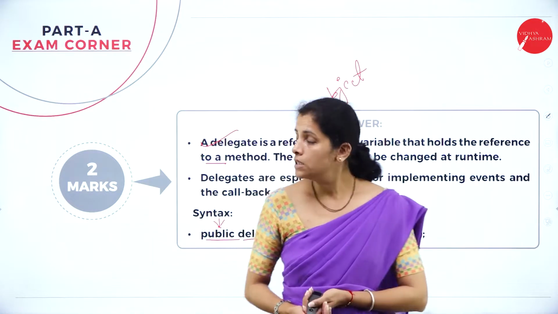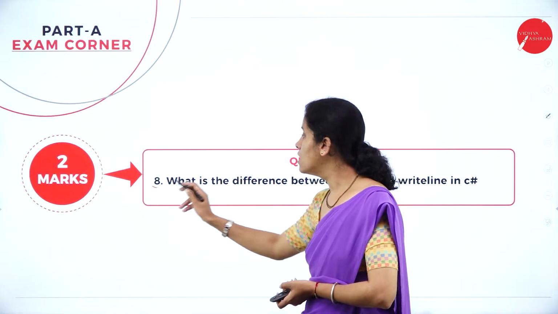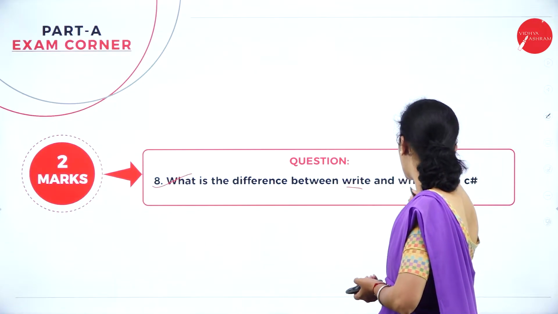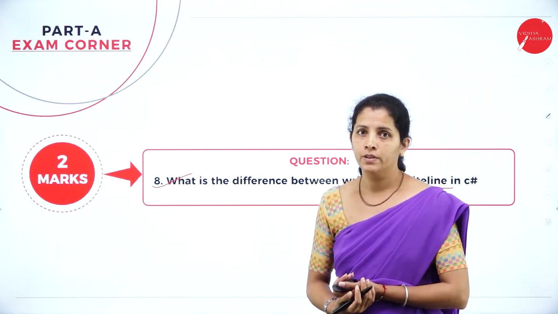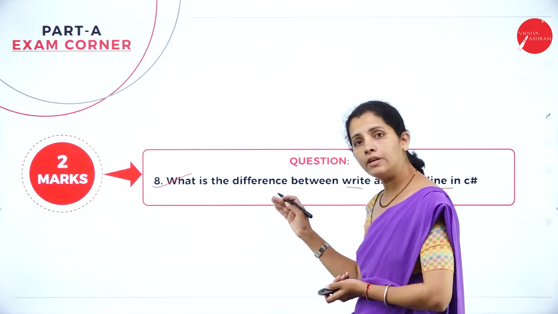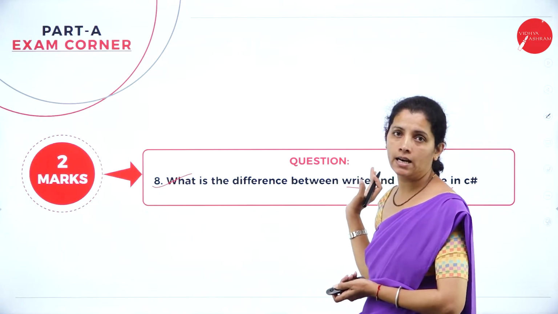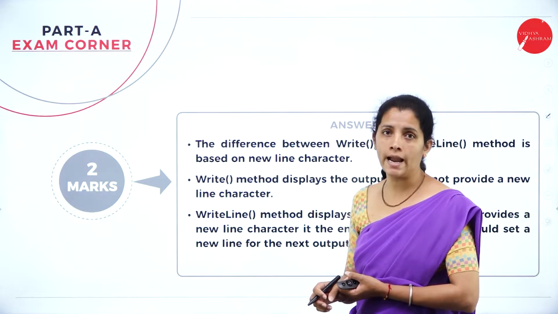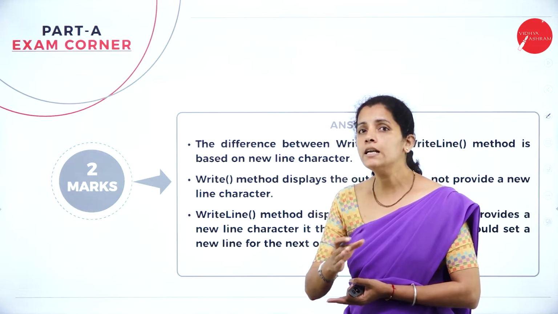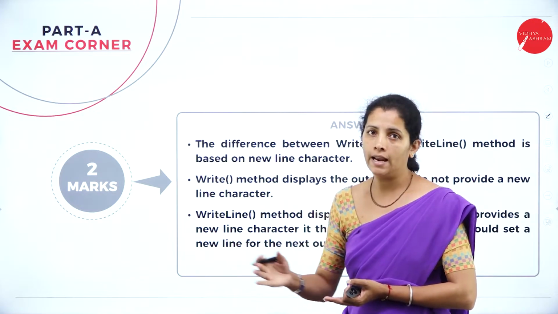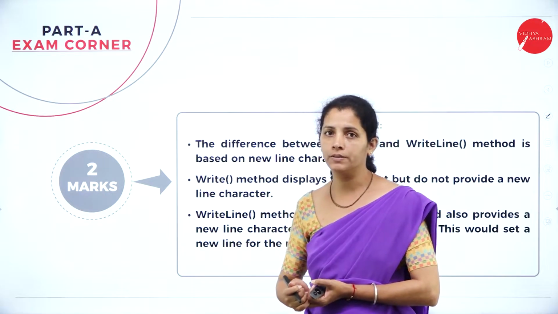Now the next question here is, what is the difference between Write and WriteLine? So dear student, I want to write the difference between Write and WriteLine. In my program, if I use Write, then in a single line I am going to display the output. So one after another, I am going to display the output.